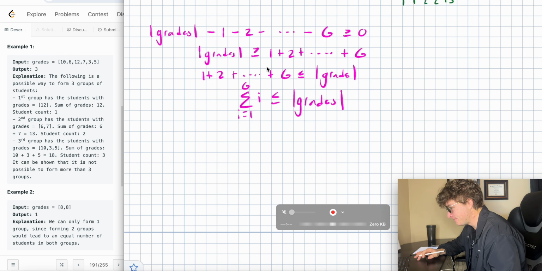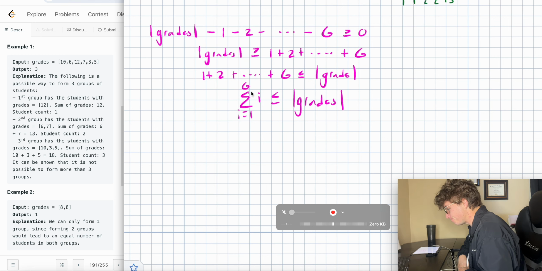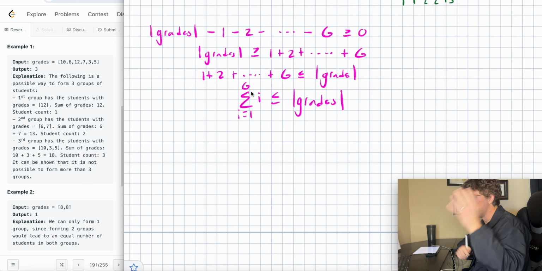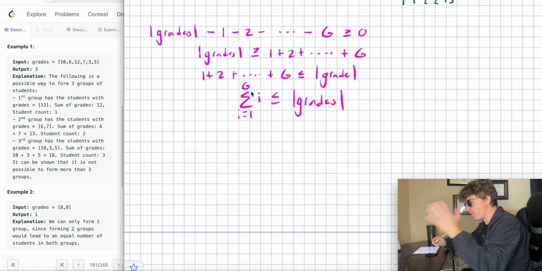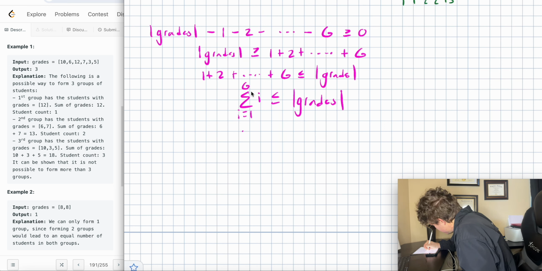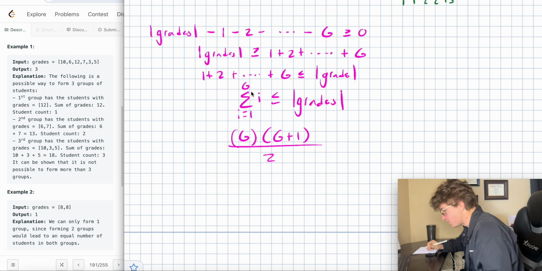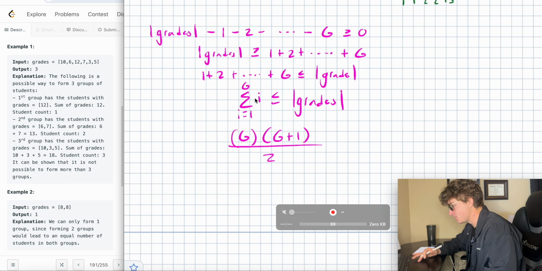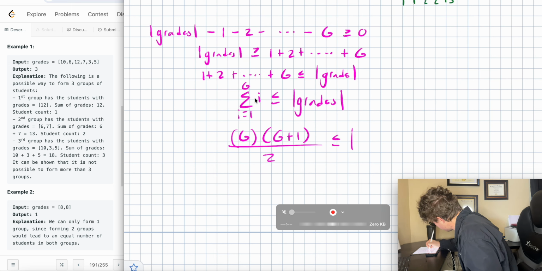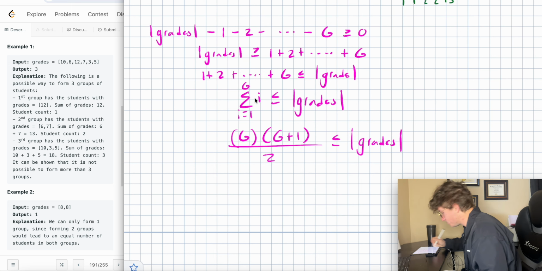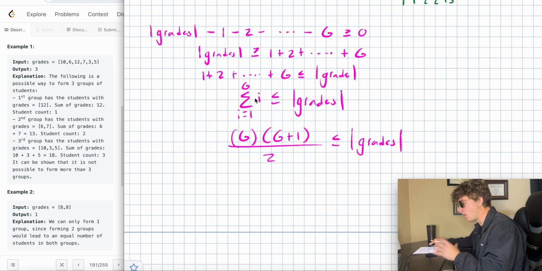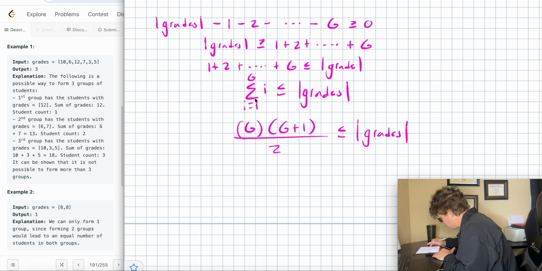Now, I'm trying to find what this g value is. This is a special sum, and it has a closed form solution. The sum from 1 to g, and all the numbers in between, is just g times g plus 1 over 2. This is an established formula for this situation, is less than or equal to grades. Now I'm trying to solve for g.